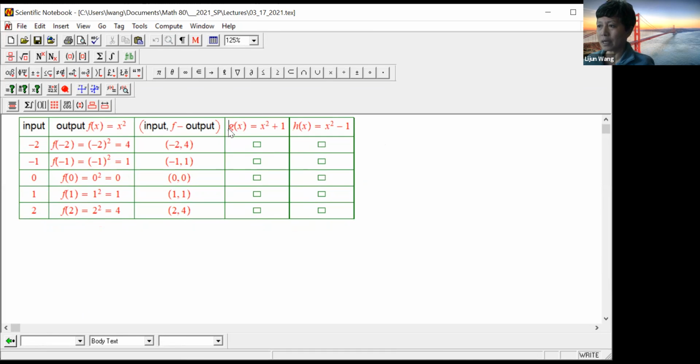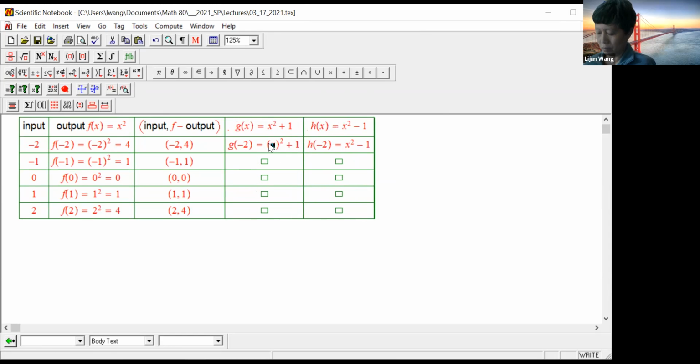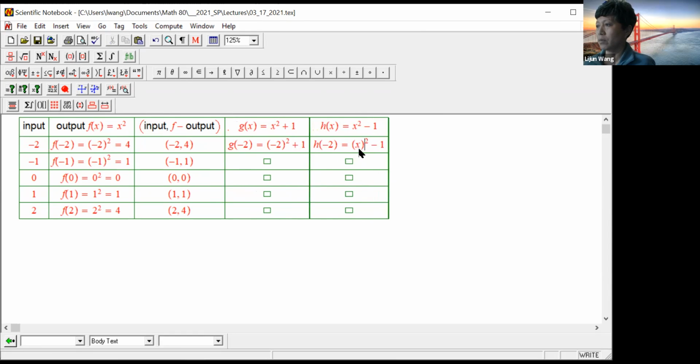So next, I want you guys to calculate G for all of these inputs, negative 2, and so on and so forth. And H. So you plug in negative 2.